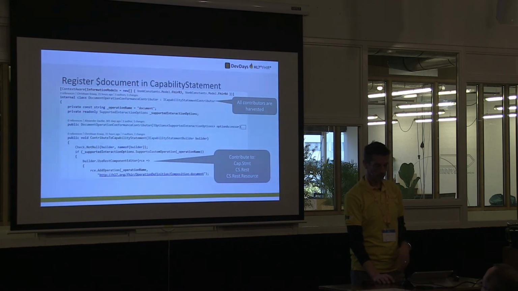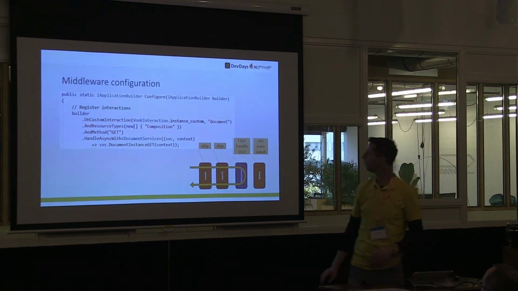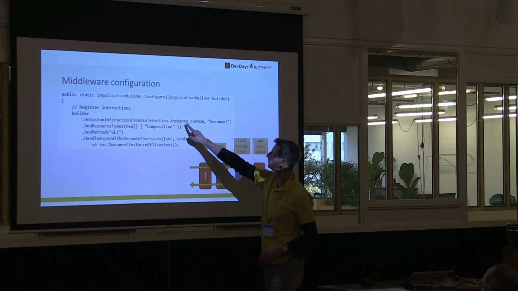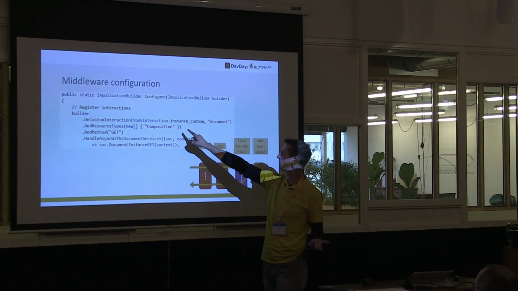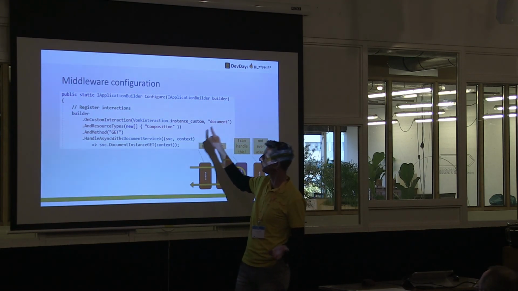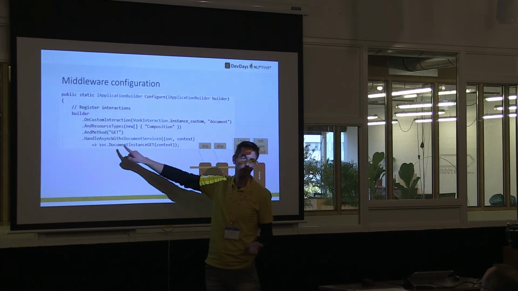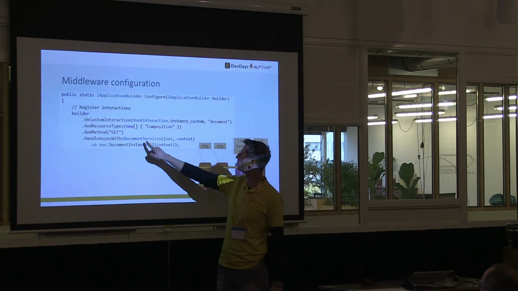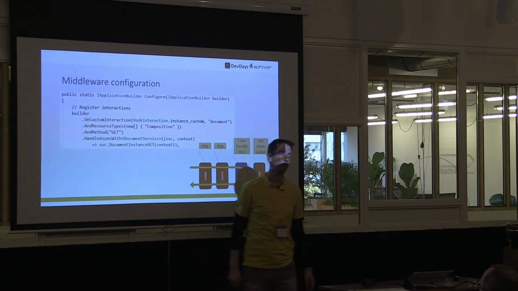And we register the document methods. And then it says, on a custom interaction, instance custom, so on a composition/ID, if $document is being called, and it's a get, then handle it async because the document service will access the database and use document instance get.